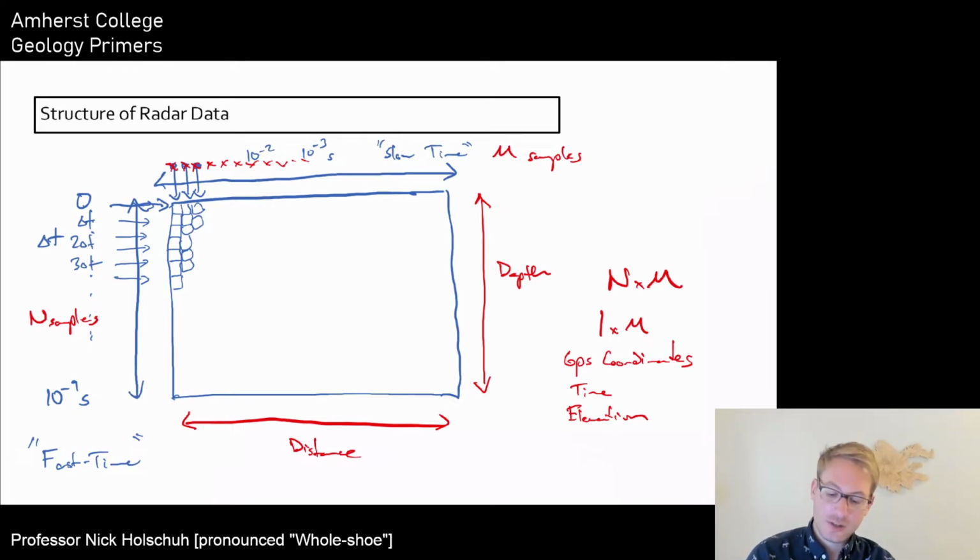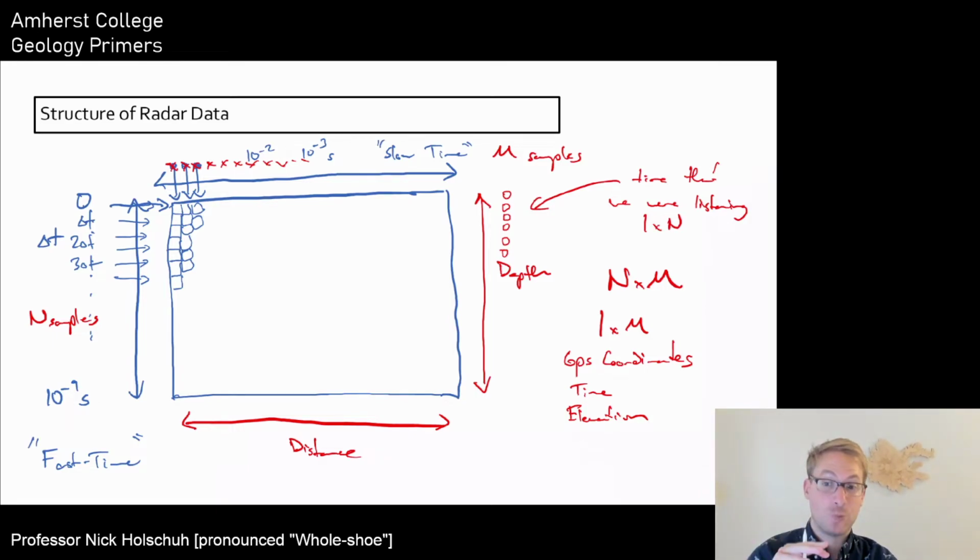We likely also have an object that describes exactly how much time has passed between each of our samples in fast time. This tells us basically the time that we were listening after each pulse. And that object that stores those times might be of size 1 by n.